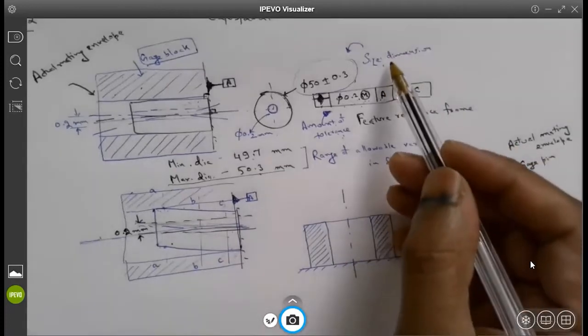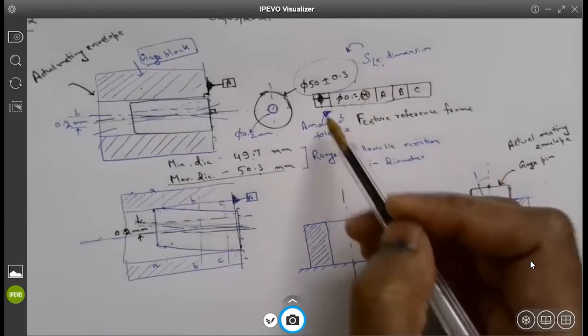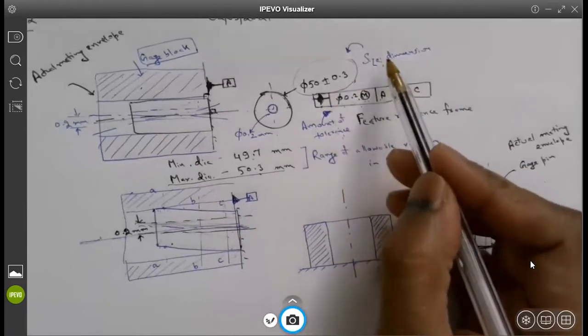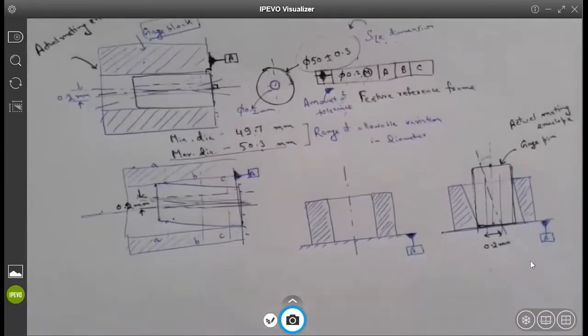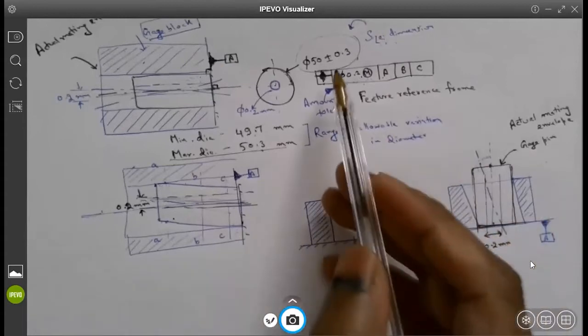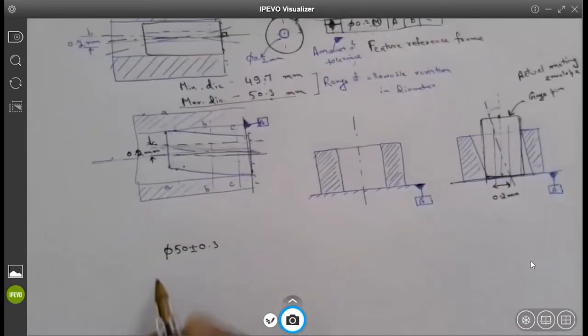Now, I was making a statement here that the amount of tolerance does not affect the size, but the size dimension does affect the tolerance. What does that mean? Imagine that you have this specific information about the circular cross section of the cylinder.